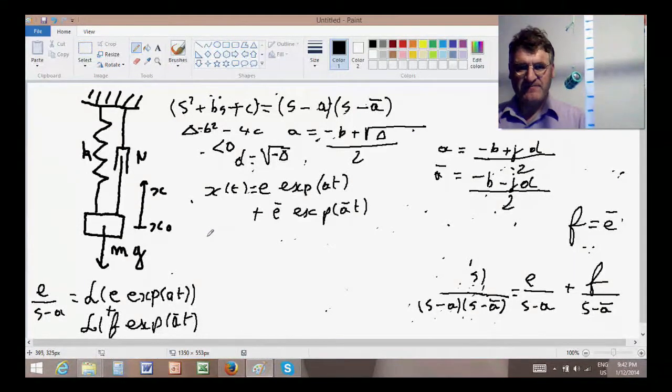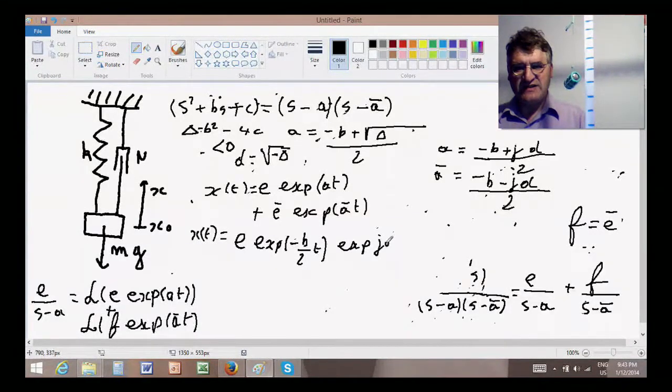Under these conditions, I can rewrite that x of t is equal to e exponential of minus b over 2 t exponential of jd over 2 t.